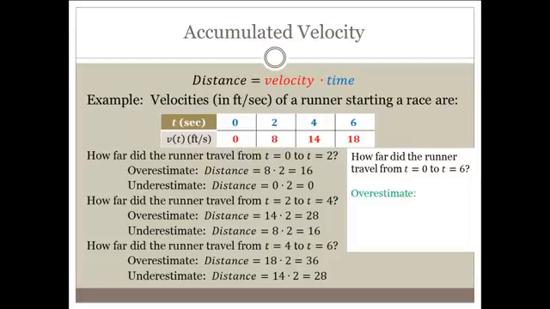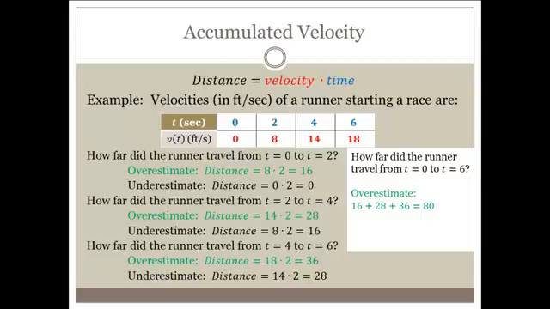For our overestimate, we will use that our runner traveled at most 16 feet in the first 2 seconds, and at most 28 feet in the next 2 seconds, and at most 36 feet in the last 2 seconds. So our runner traveled at most 16 plus 28 plus 36, or 80, feet in the first 6 seconds.